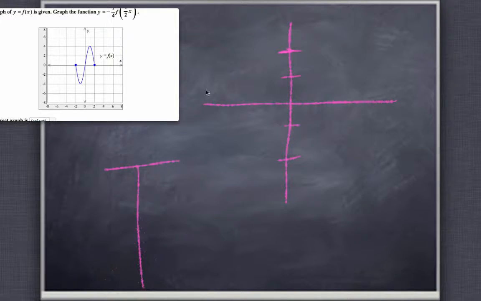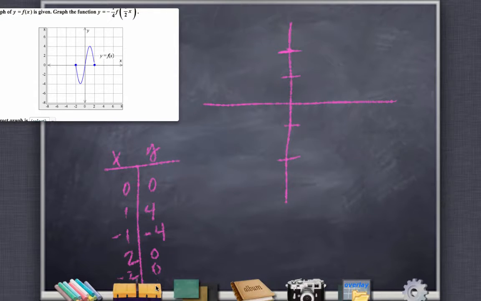Because it's several things, to try to make it clearer when I don't have you here in front of me to ask questions, I'm going to do it this way. So we start with 0, 0, 1, 4, negative 1, negative 4, 2, 0, negative 2, 0.